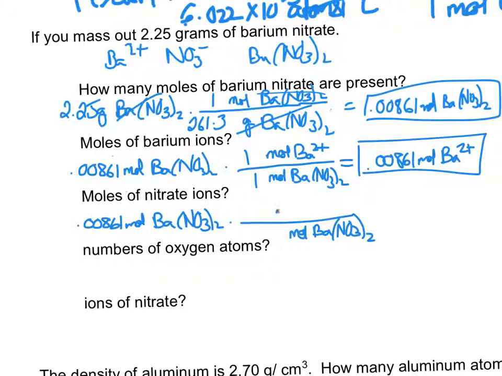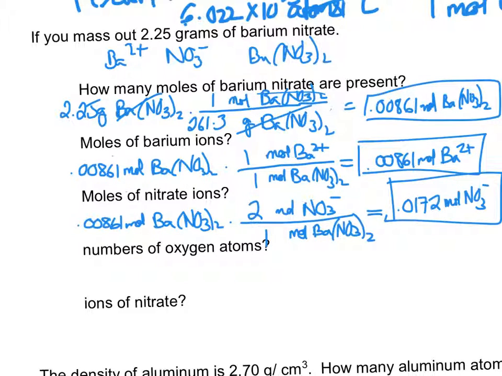And on top, we'll put moles of the nitrate ions, which are the NO3 minuses. And for every 1 mole of the barium nitrate, I have 2 nitrate ions, or 2 moles of nitrate ions. So when I multiply this through, I get 0.0172 moles of NO3-.